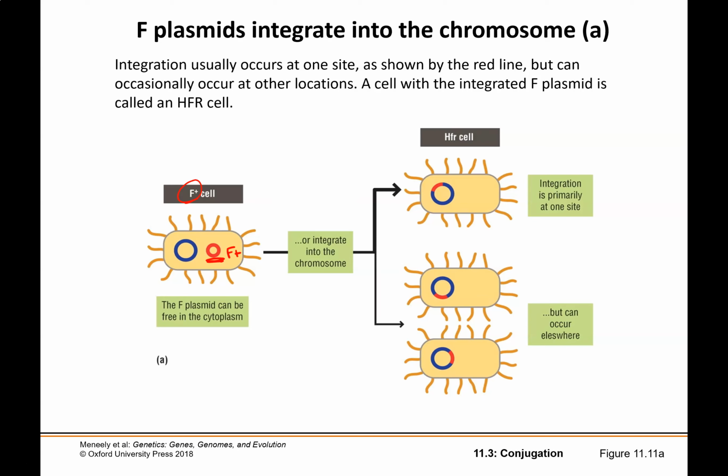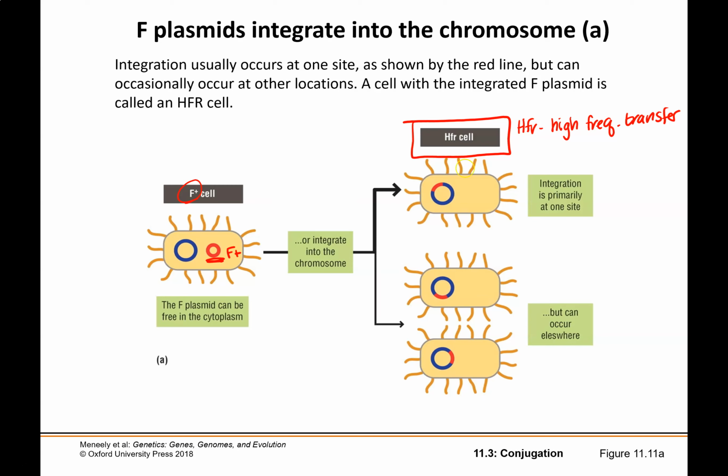When or if it integrates into the genomic chromosome of that bacterium, it becomes what we call an HFR cell. HFR stands for high frequency transfer. So this cell now has encoded in its genome the ability to share DNA with other cells in its environment.